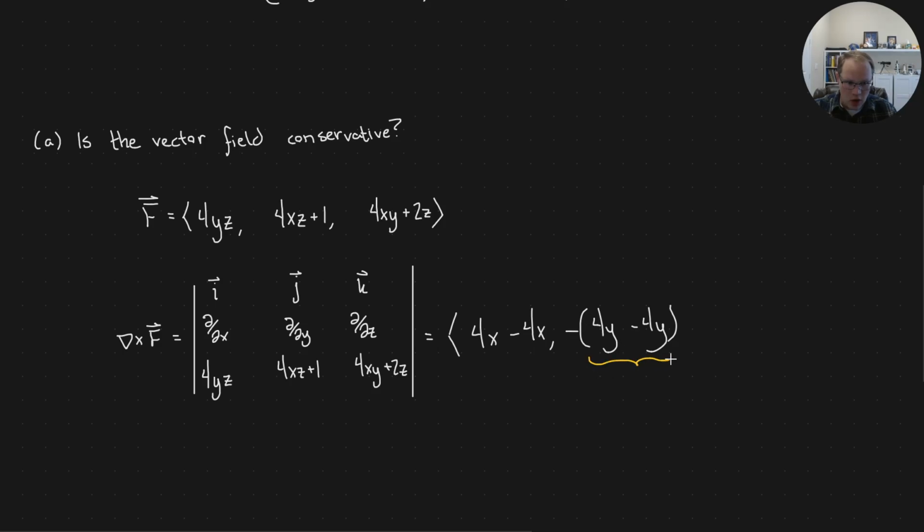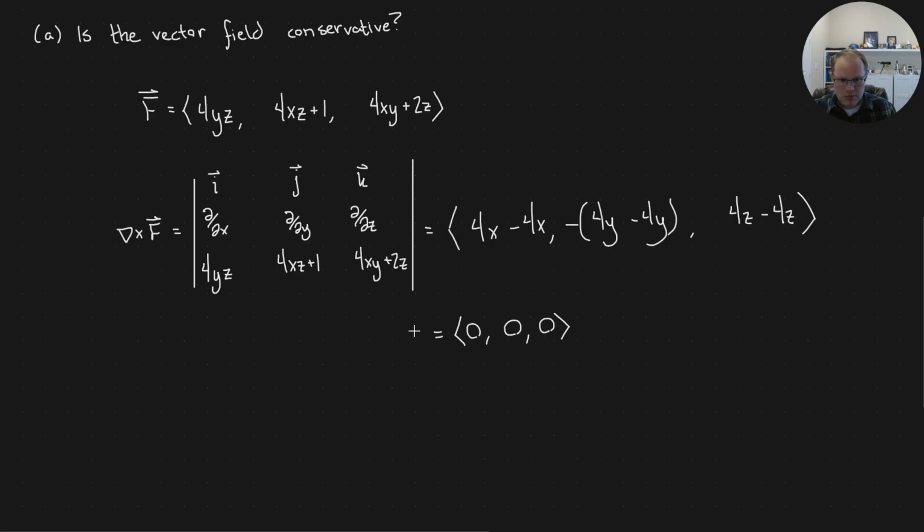So far, so good. This will also be 0. Finally, k component, partial derivative with respect to x of this, I get 4z, minus partial derivative of this with respect to y, I also get 4z. So 4z minus 4z. I do get 0, 0, 0, the 0 vector. Because the curl is 0, that means the vector field is conservative.